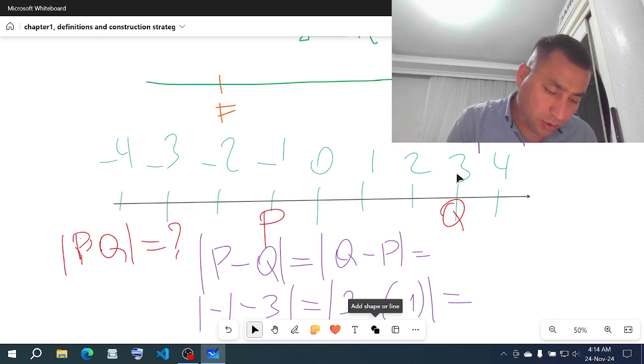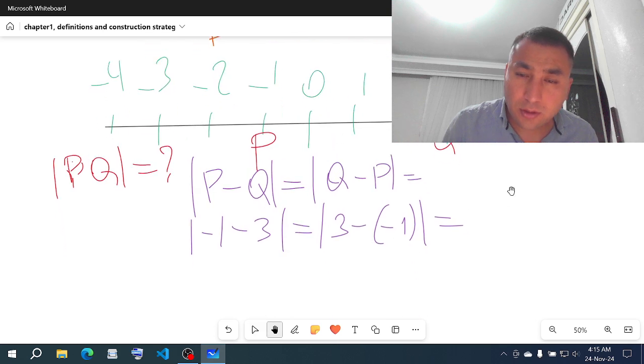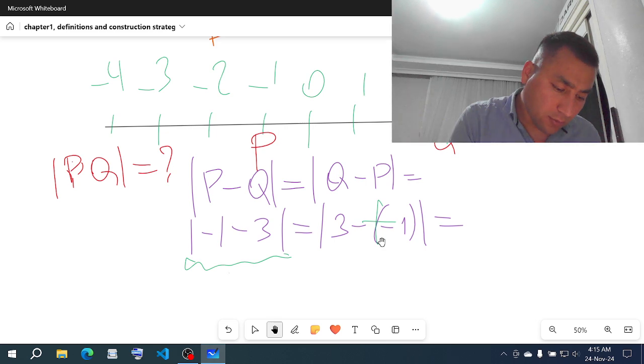Okay, so what do you see here? Two minuses. They will eventually become a plus. So this side is minus 4, and this side is 4.